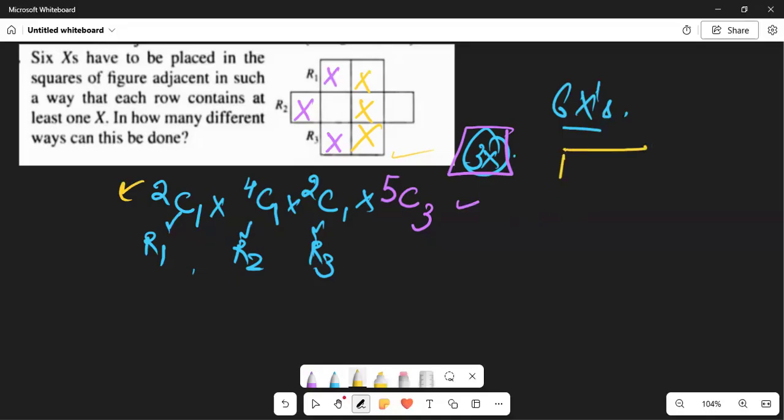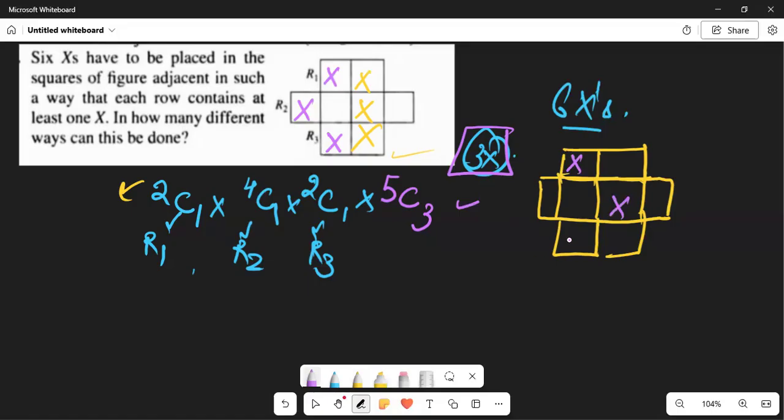Now initially, if you choose this square, and this square, you place your x, and then you choose this square, this square, and this square according to this 5C3, and you place your x.